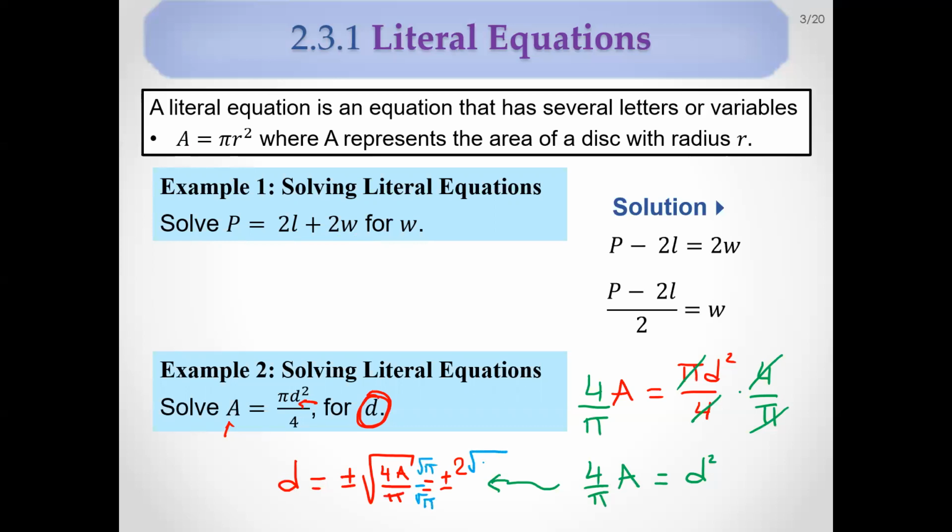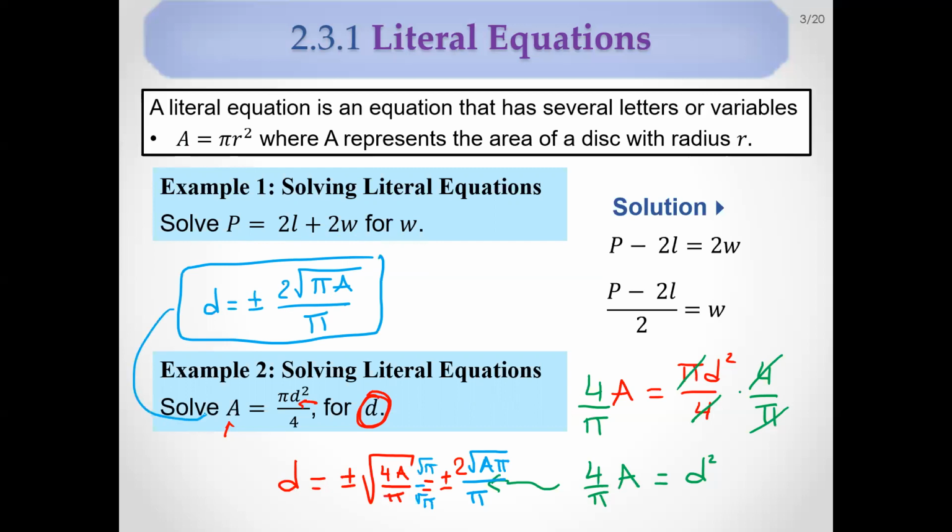We get root of a pi over pi. This is the solution, d equals root of pi a over pi. This is the solution of our equation.